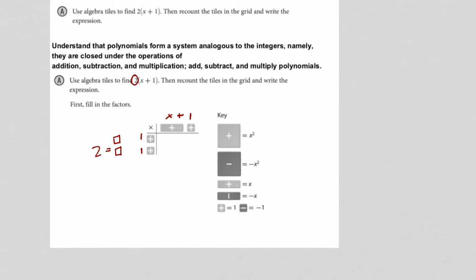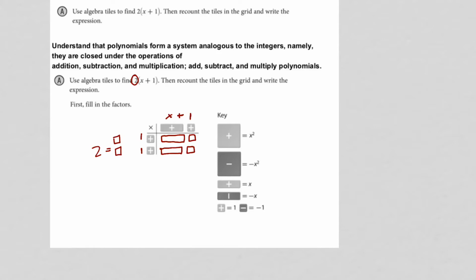So then, when we get 1 times x, you're going to get one of these. And 1 times x is going to be x. And then 1 times 1 is going to be 1. And 1 times 1 is also going to be 1.